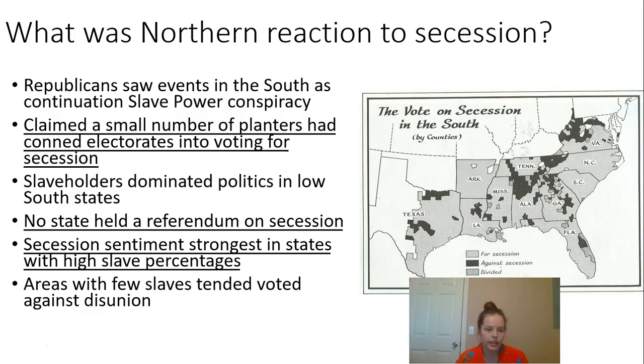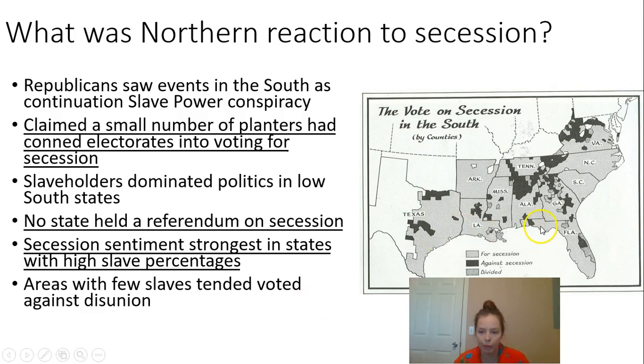And we also see that secession sentiment and this talk of disassociating from the Union was going to be strongest in states with higher slave percentages. So when it came to the Upper South, which had fewer plantations and lower slave populations, they tended to vote against disunion just because they didn't have as strong a connection with slavery compared to the Lower South.